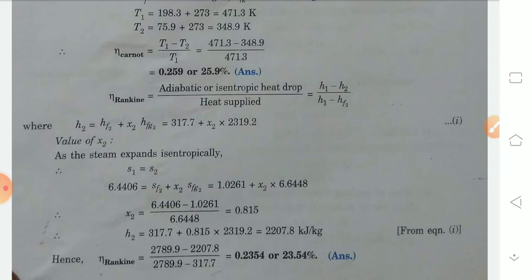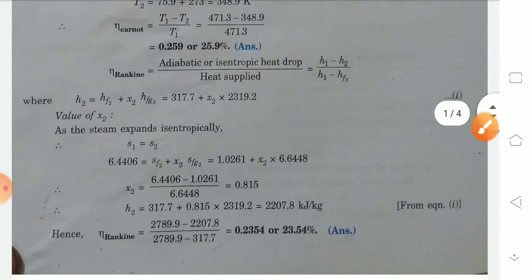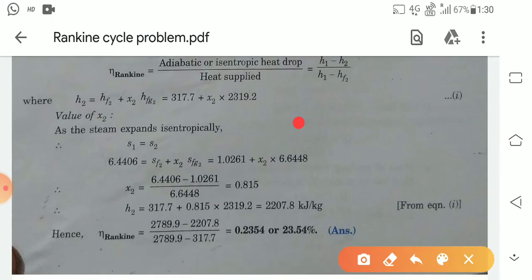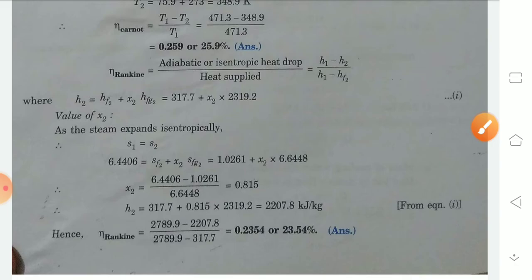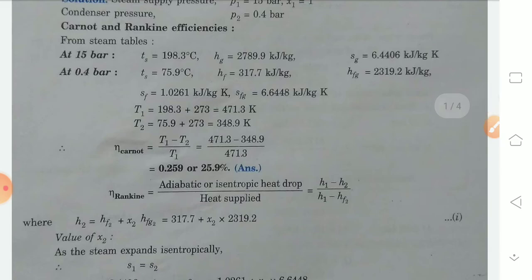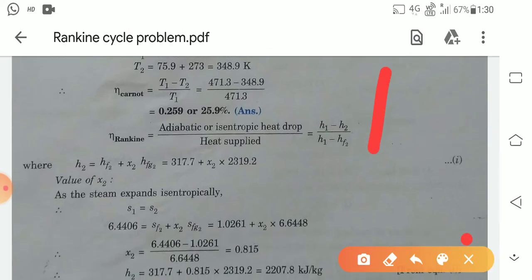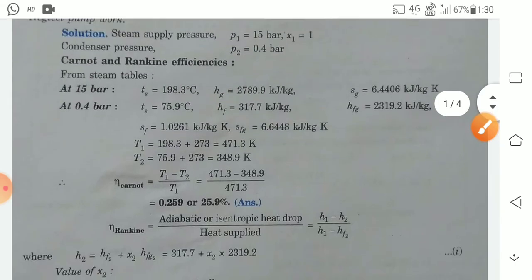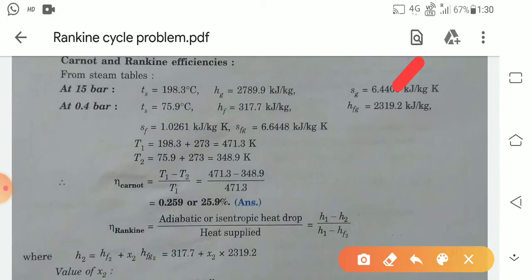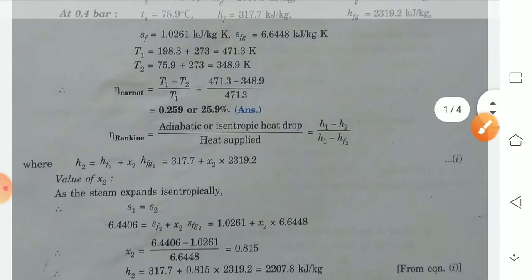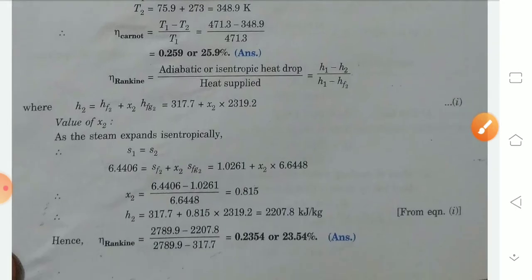Now to find the x2 value, we use the isentropic process. At process 1 to 2, this is an isentropic process, that means entropy is constant. So you can write s1 equal to s2. So s1 is 6.4406, so you can write 6.4406 is equal to s2.